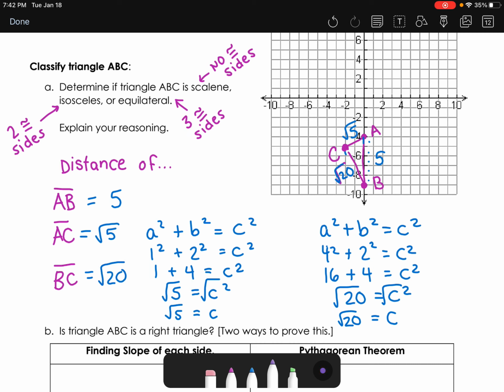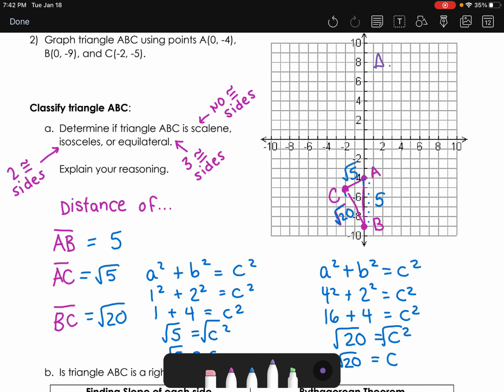Okay, so triangle ABC, I will write it up here. Triangle ABC is scalene because no sides are congruent.